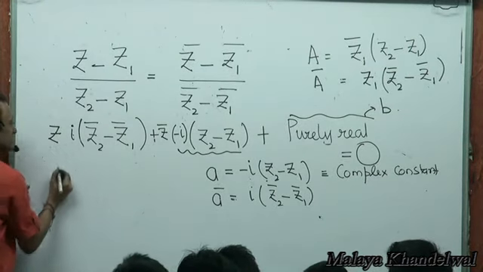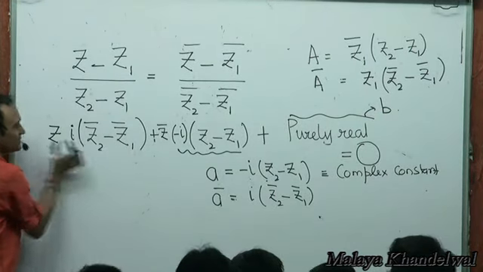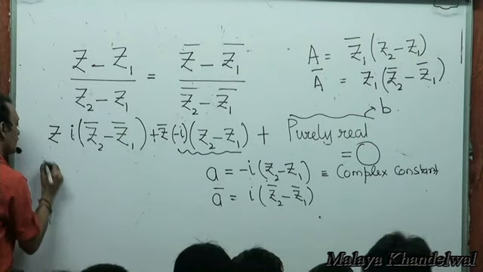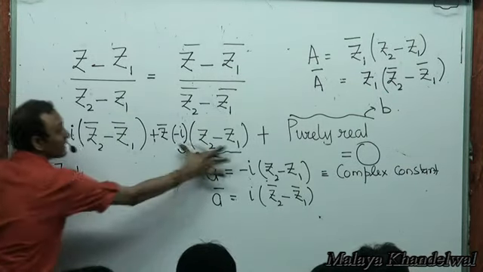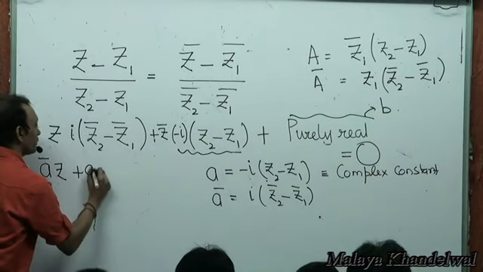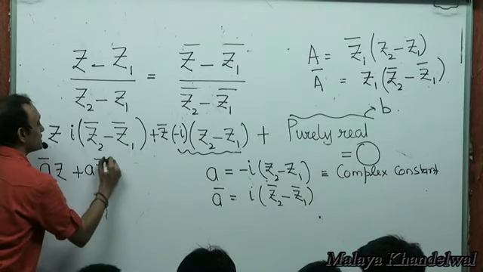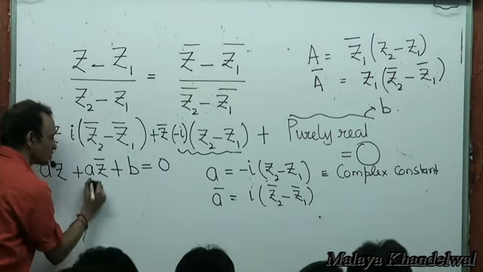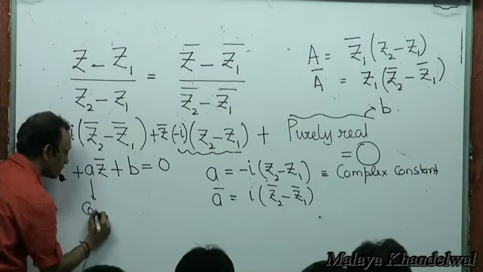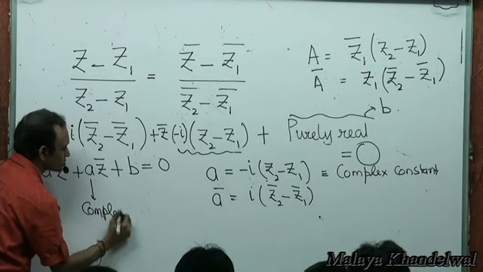Yes or no? This turns out to be A bar Z plus A Z bar plus B equal to 0, where A is a complex constant and B is a real constant.